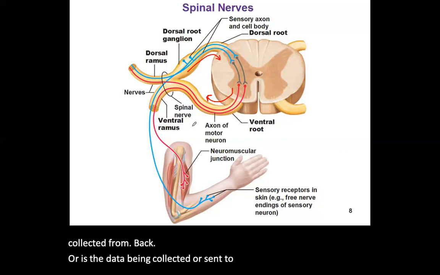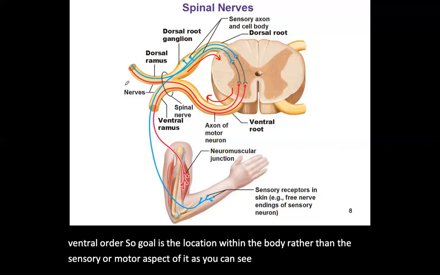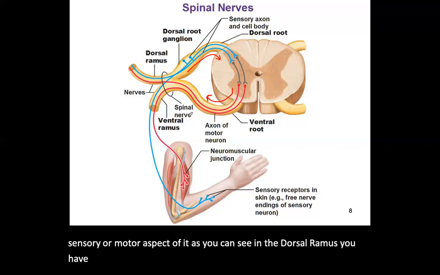So for ramus, either ventral or dorsal, our goal is the location within the body rather than the sensory or motor aspect of it. As you can see, in the dorsal ramus you have both colors, same thing in your ventral ramus. So what does that mean?